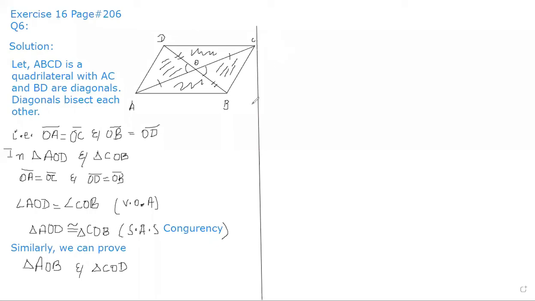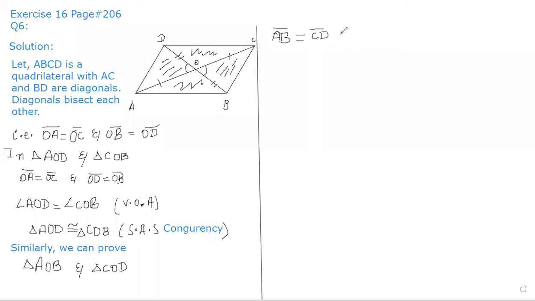So you can write here, similarly we can prove the triangles. The side AB is equal to the side CD.